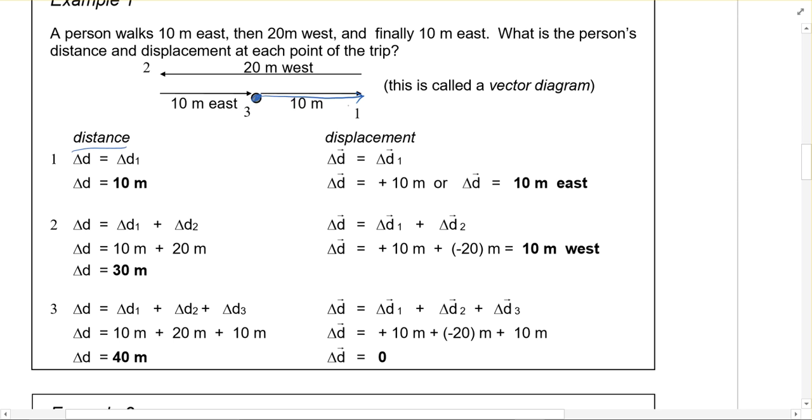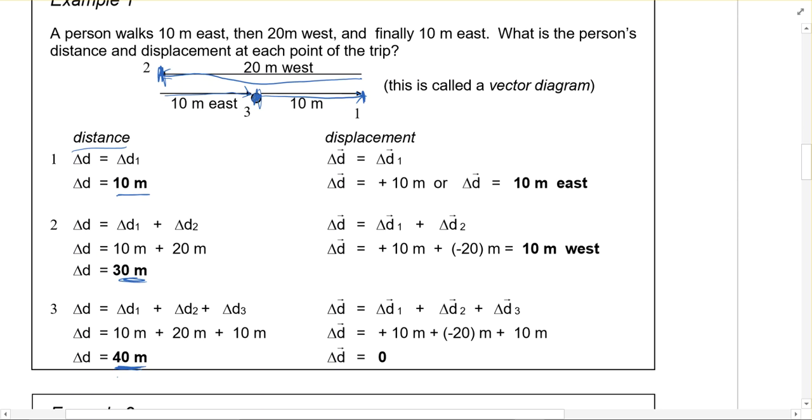So the person went 10 meters to the right, then 20 meters west, and then 10 meters east. Looking at distance, part 1 went 10 meters. Part 2 is just 10 plus 20, the total distance, so now you're at 30 at point 2. Then at point 3, just another 10, so now we're at 40.